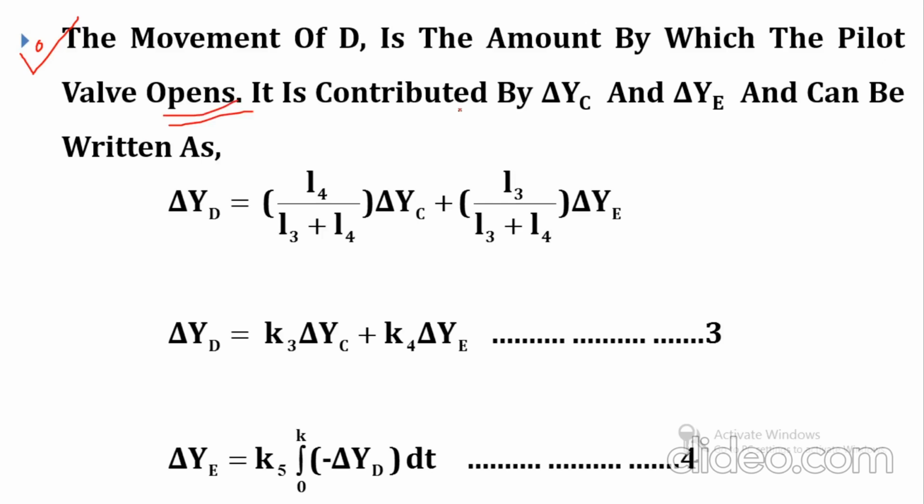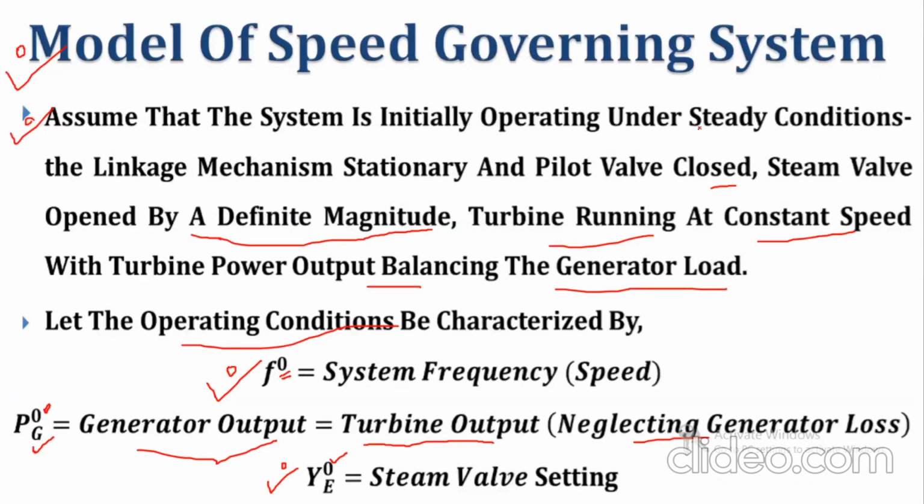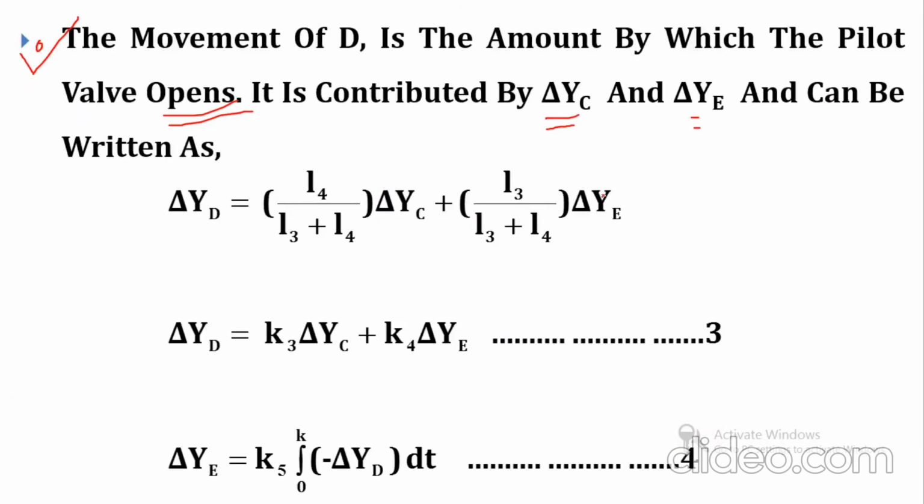So at point D, there are two effects, of point C and point E. So we can write delta YD is equal to L4 upon (L3 plus L4) into delta yc plus L3 upon (L3 plus L4) into delta ye.